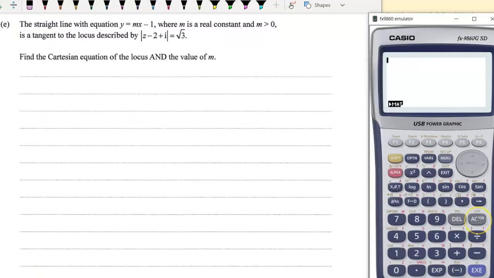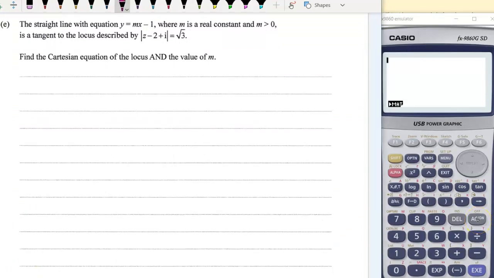Okay, for part E, we have a locus question, and your key to loci is almost always to start with saying z is equal to x plus iy. Now let's pop that into this modulus. We'll have x plus iy minus 2 plus i is equal to the square root of 3.